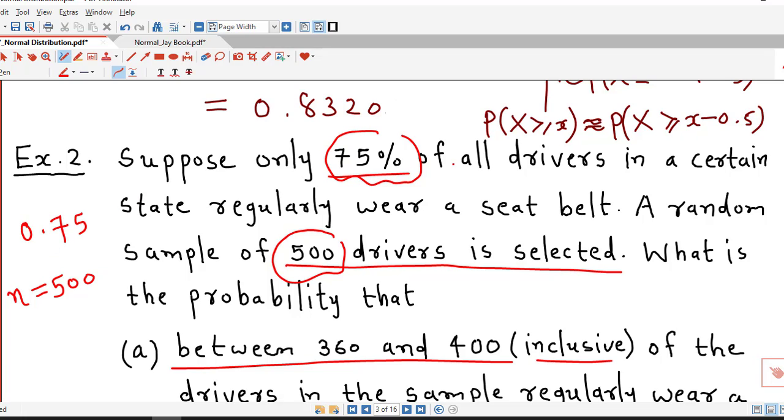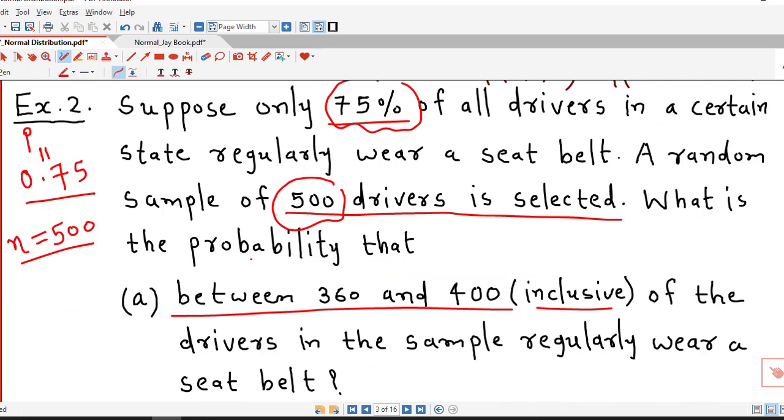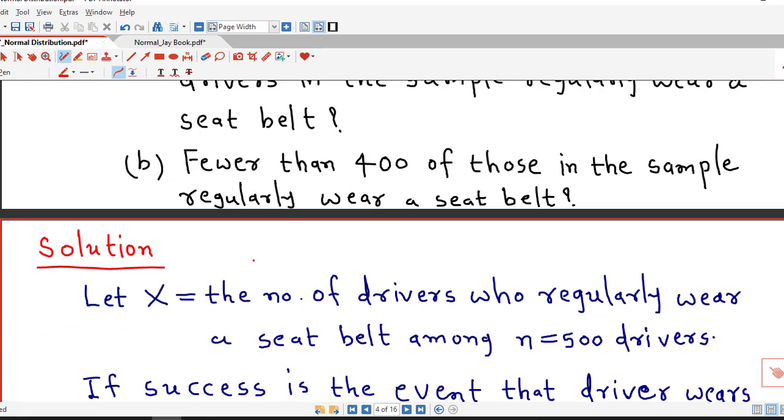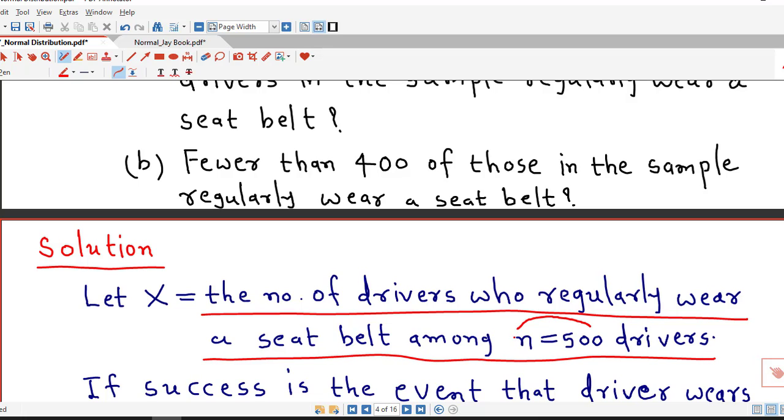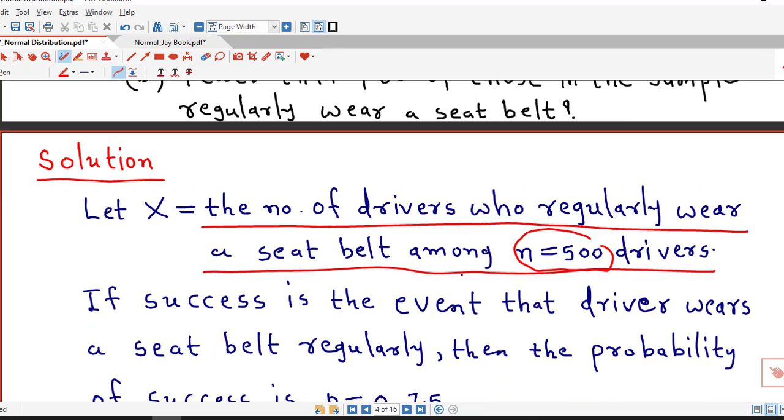And if we consider success as the event that drivers regularly wear a seat belt, then it is given that probability of success is 0.75.